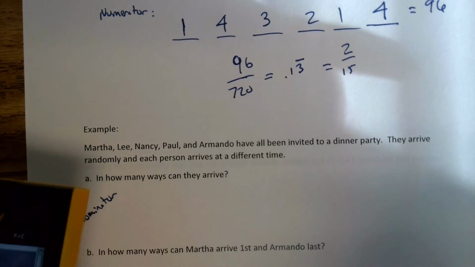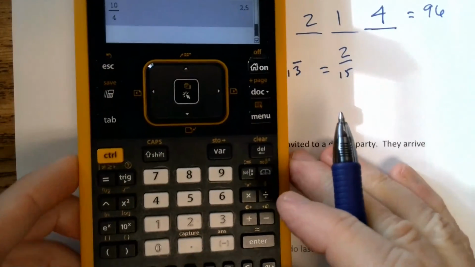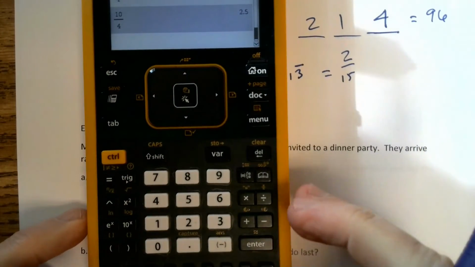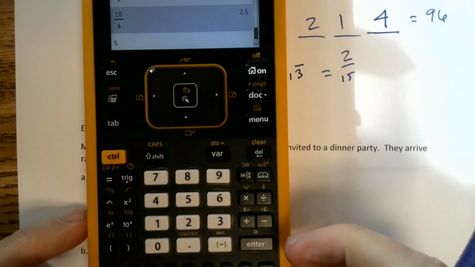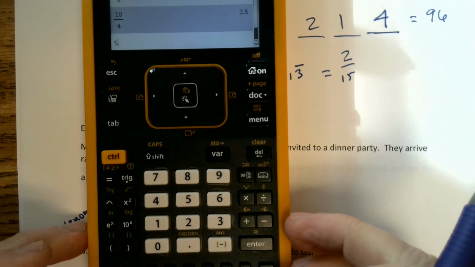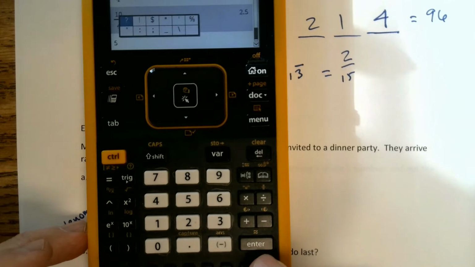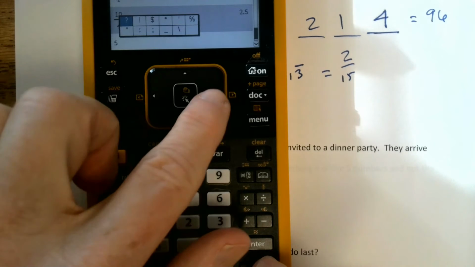So 120. So make sure you know how to get to factorial on these yellow calculators. It's 5. Did you use the? I don't know where it is. It's right here in the bottom corner. Nice.